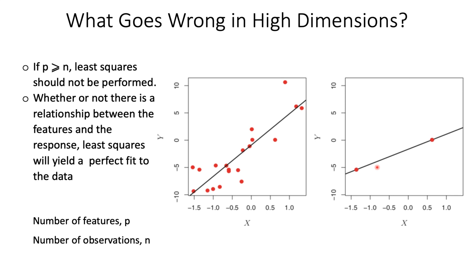But you can imagine you can make 2 points fit a line, but you have no idea of whether this line is going to be really describing the data set well or not. And of course, if you increase the number of x values to x sub n, as long as x sub p, the number of features, is larger than the number of observations n, then we still have this issue, but in a high-dimensional space.